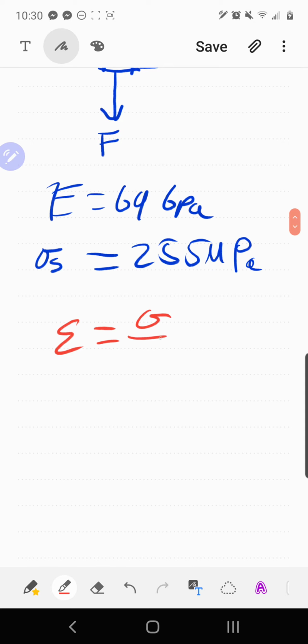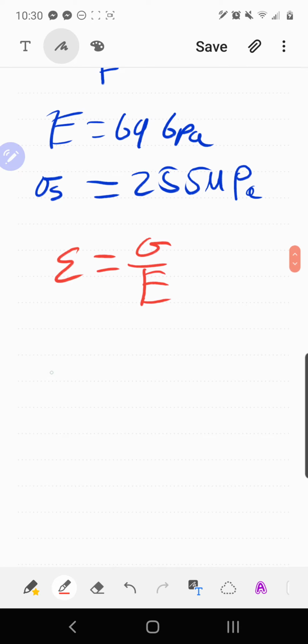Strain is equal to stress over modulus of elasticity. So with this, we can pretty easily get this strain, and once we have the strain, the change of length, the elongation, is that strain multiplied by the original length.